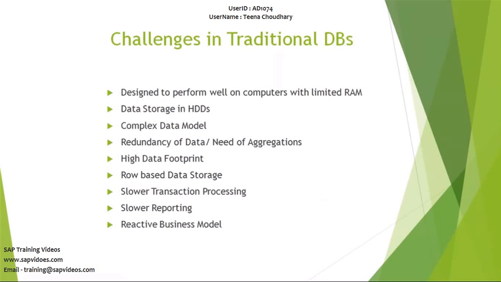And finally, the last point you see is the reactive business model. Due to all these situations, the top management is not able to do the predictive analysis. Let's say if all the data is available in real time, at a faster speed, you can perform the reports twice or thrice a day or 4 times a day.